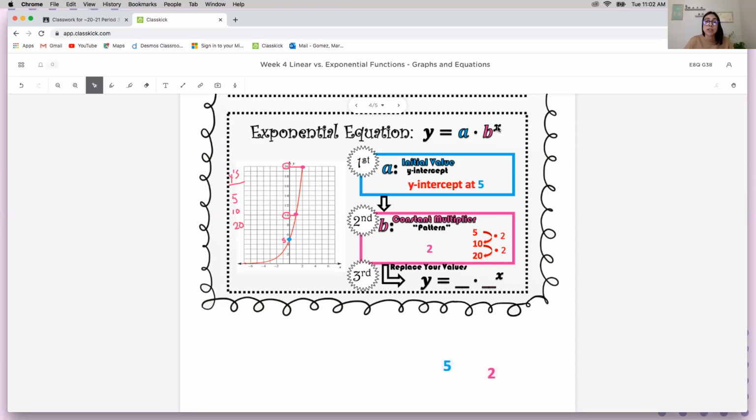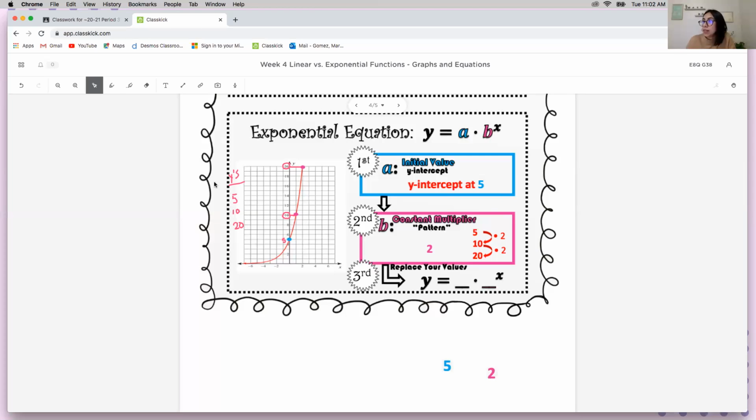Again, preview, you might see the x with a number for an exponent. That's something completely different. So that's not the same.